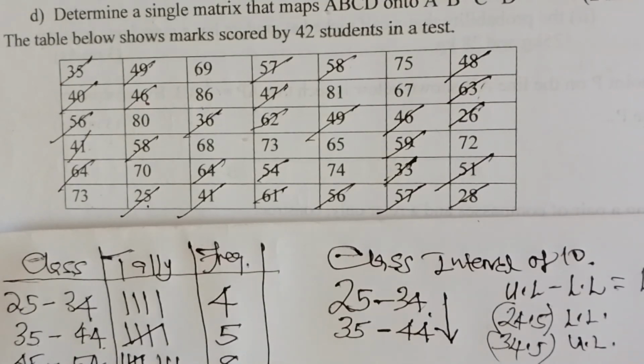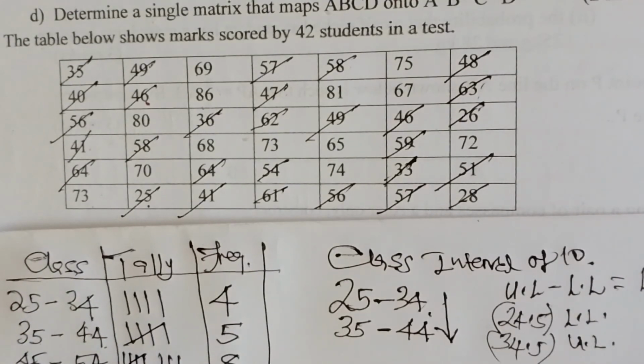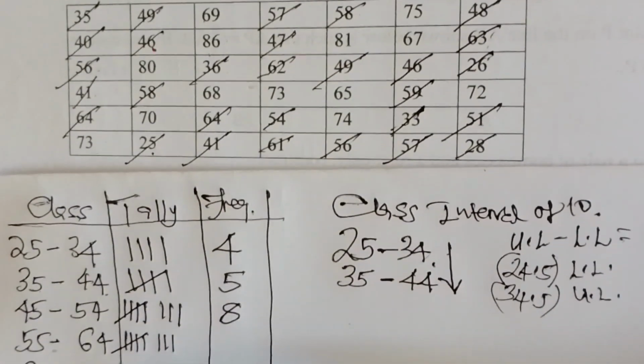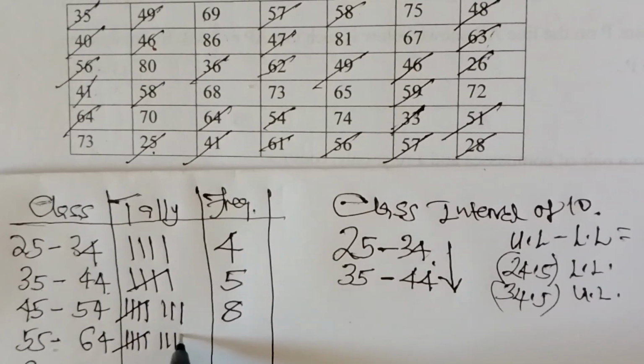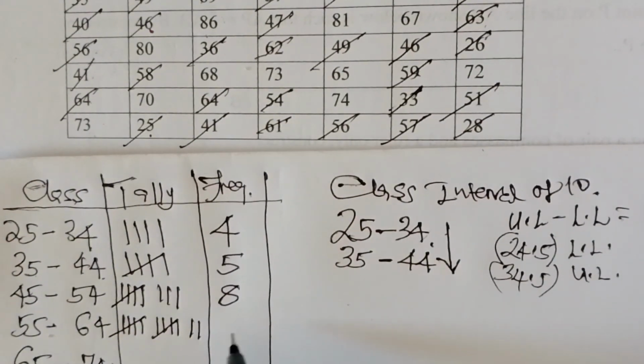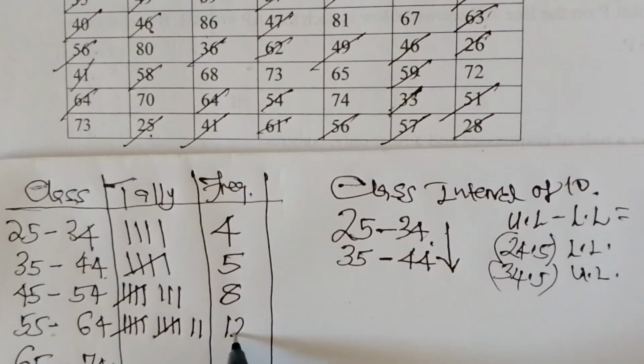So we have 12. 1, 2, 3, 4, 5, 1, 2, 3, 4, 5, and then 1, 2. Numerical value 12.